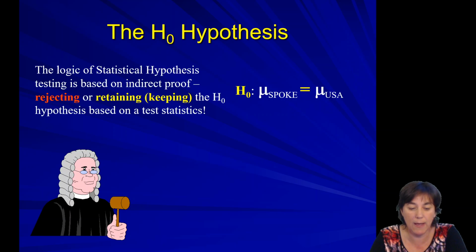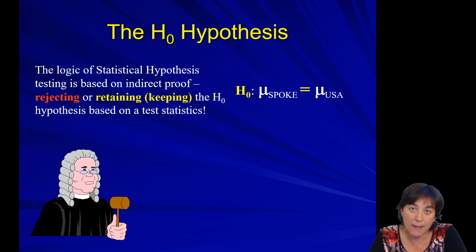Okay, so that's the main idea. What is the null hypothesis? It's simply an equation. The estimated population mean of SPOKE children is exactly the same as the general mean for speech starting age in the US.